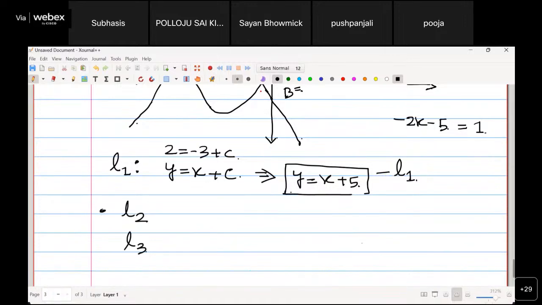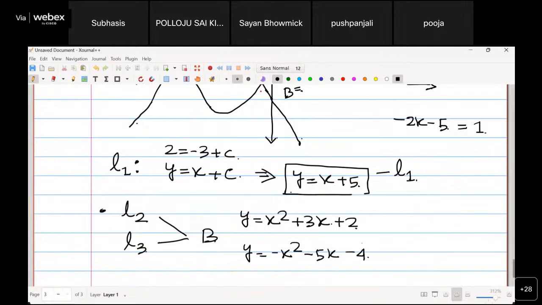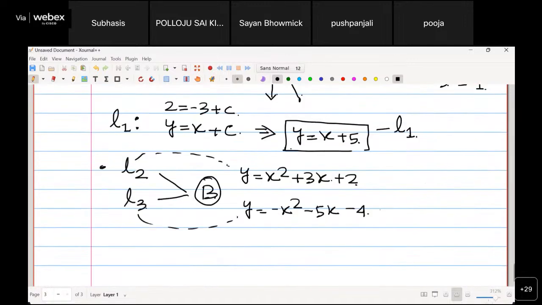Both of them pass through point B, with slope equal to the slope of the parabolas y equals x square plus 3x plus 2 for L2, and y equals minus x square minus 5x minus 4 for L3, at point B. B is basically minus 1 comma 0.